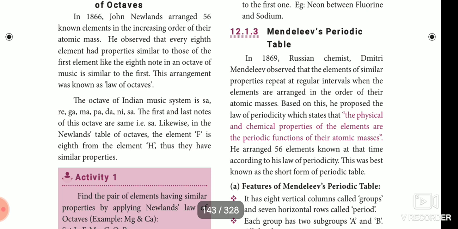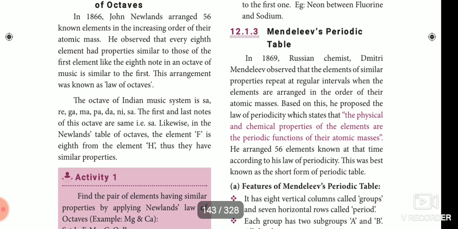Physical property means whether the element is solid, liquid or gas, whether its melting point is high or low, and characters like ductility and hardness. So these are the physical properties. Then the chemical properties mean how an element reacts in the presence of air, reacts with water, and many reactions.